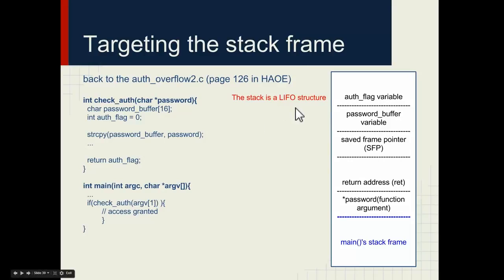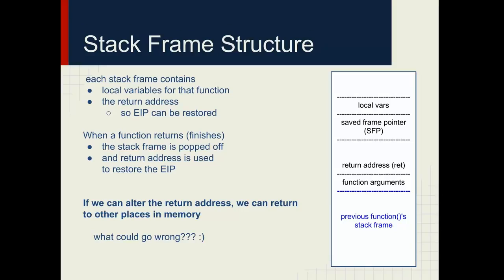A stack is a last in, first out structure. It's very simple. If you've taken a computer science course on data structures or computer organization, you should have covered it. As we've covered before, when a function calls another function, it pushes the function's arguments on the stack, however many there may be.